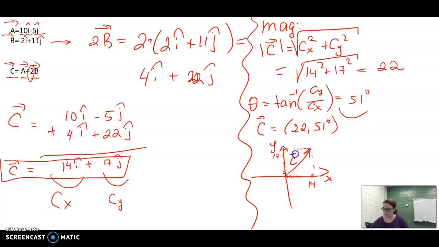So this is my vector C, and you guys can see that it's located in the first quarter, so both i and j components, or x and y components, are positive, so I am good. And knowing that I'm counting my angle from the positive x-axis, this over here is my 51 degrees. All right, thank you.